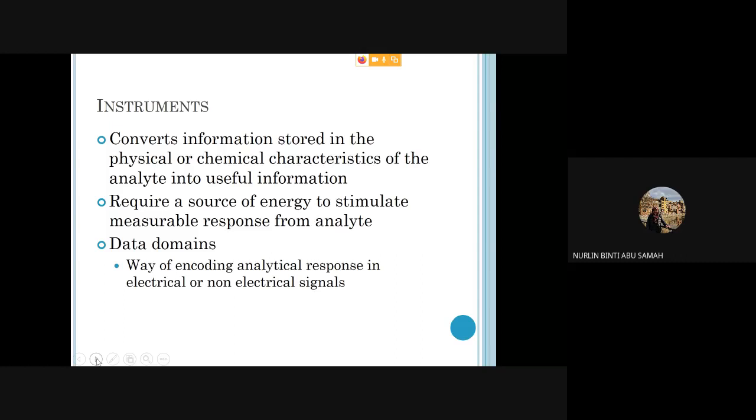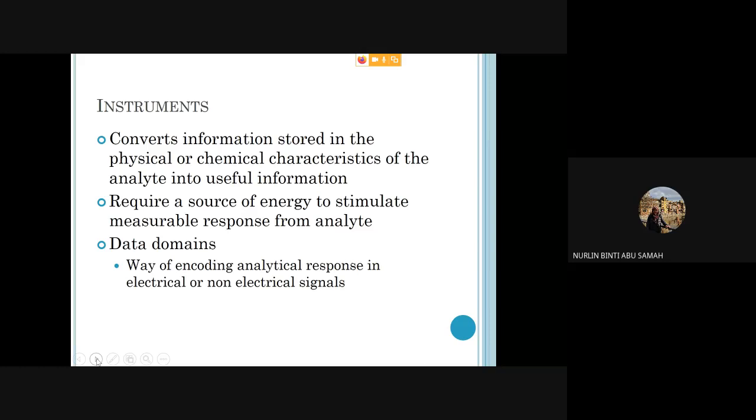When we talk about the instrument technique, we are actually trying to convert the information stored in the analyte, either a physical or chemical characteristic, into useful information. You can identify this useful information as your output from the instrument.